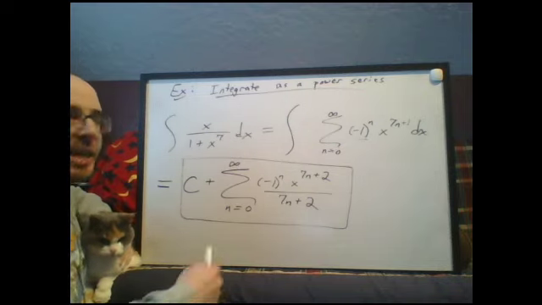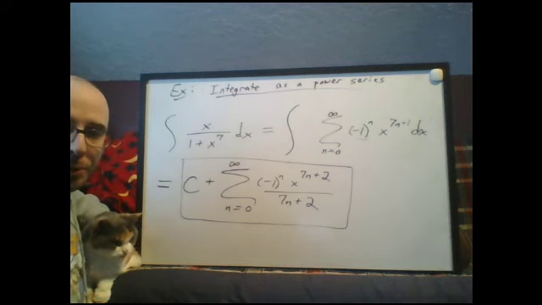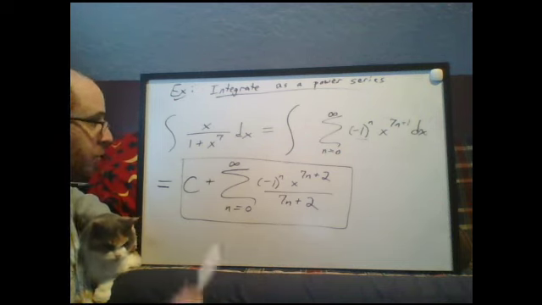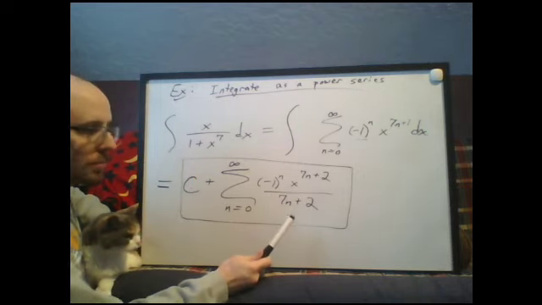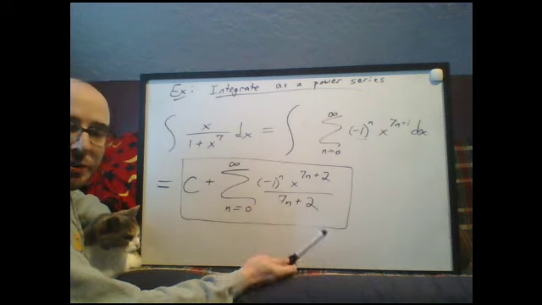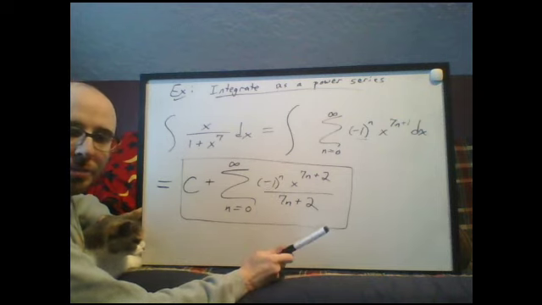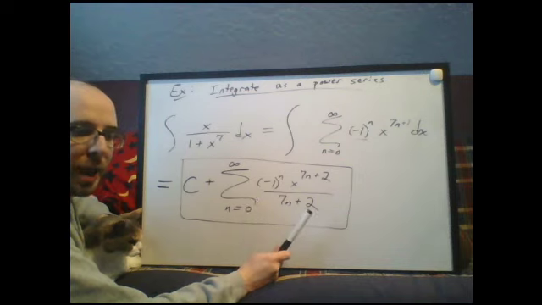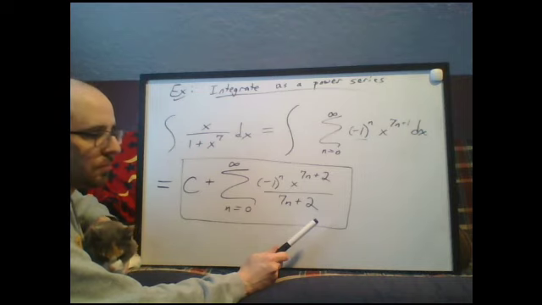If we needed to use this to compute specific x values, like for example, if this is a definite integral and I need to plug in x values to this, then at least for this example, since it's an alternating series, we talked a little bit how we have a fairly easy way to approximate the values of an alternating series.